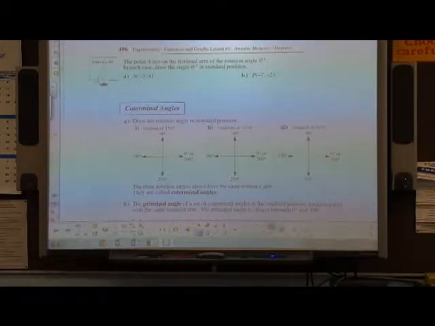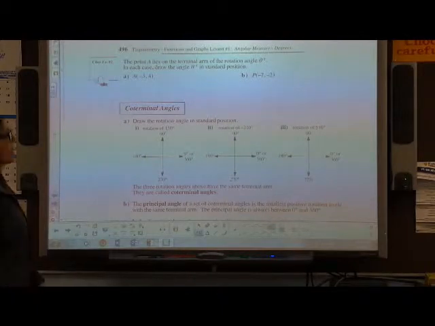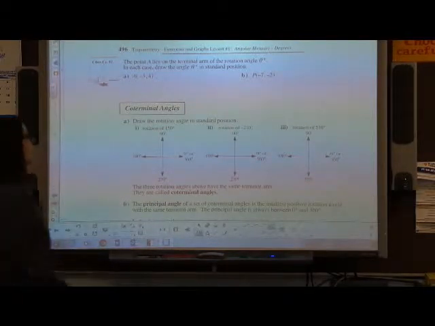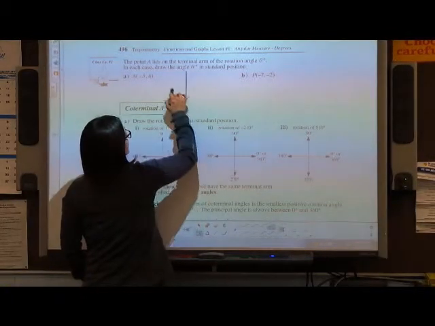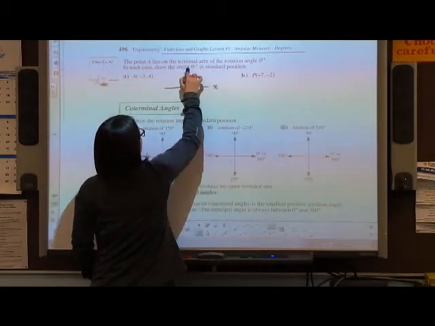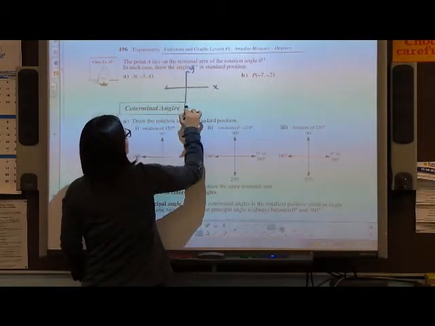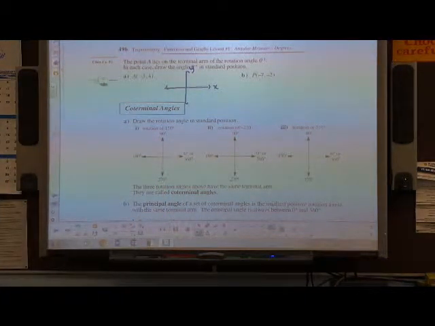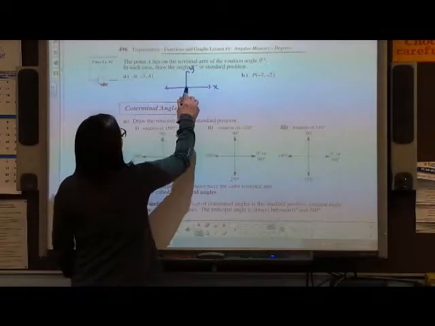The point A lies on the terminal arm of a rotation angle theta. In each case, draw the angle theta in standard position. So if we start off with our coordinate axis, our x and y, where would I find the point A? What quadrant? Quadrant 2. So 3 to the left and 4 up.